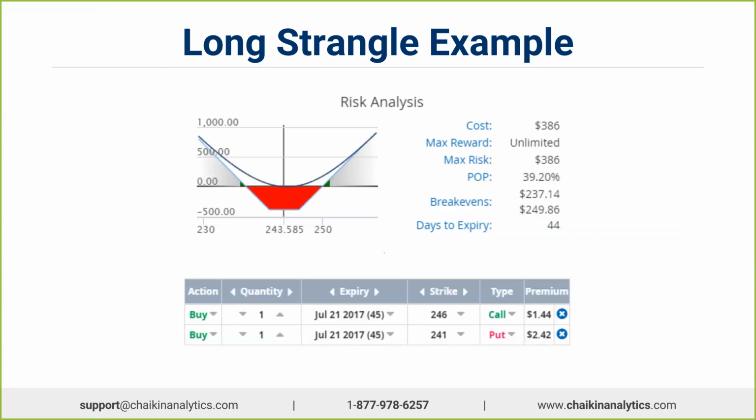In this case, we need an even bigger move to achieve profitability. Sometimes you can find it where it doesn't take much more of a move. That's ideal, but usually it takes a little bit more. You also have a bigger area here for max loss before you start seeing it turn toward profitability.